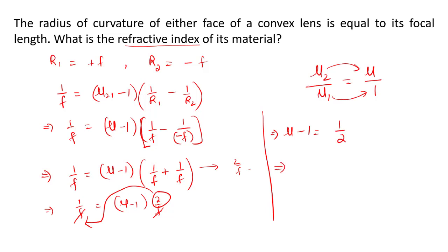Then mu equals, minus 1 becomes plus, 1 by 2 plus 1. Mu is 3 by 2. That is 1.5. That is the refractive index of the material.